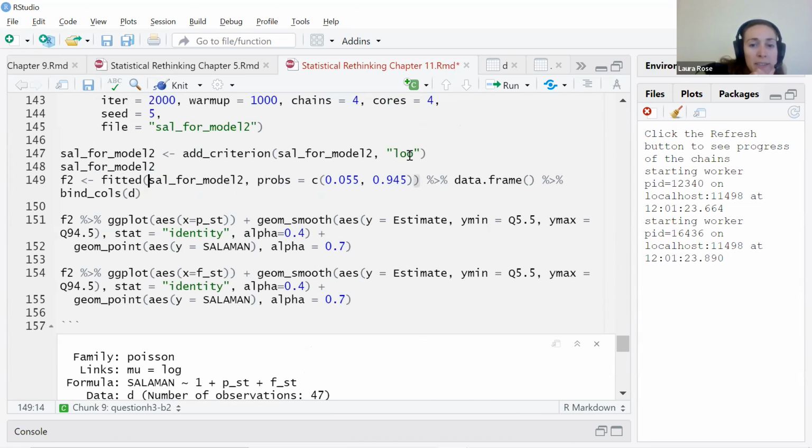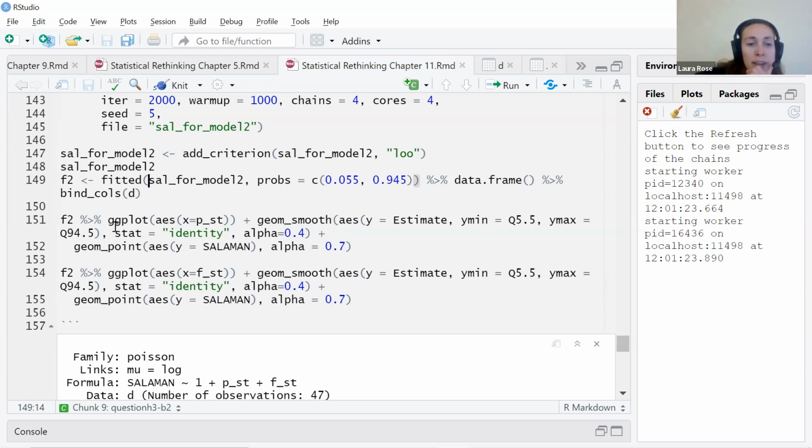I added this criterion, the PSIS, I think it is. And then this is basically generating the fits. I didn't do this right in terms of the plotting. Plotting is not my strong point, or ggplot, I should say. But there's some weird stuff going on.